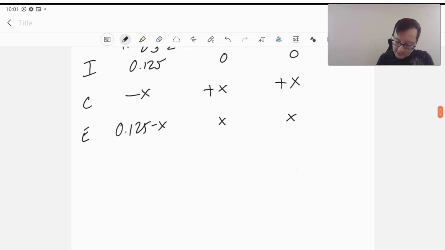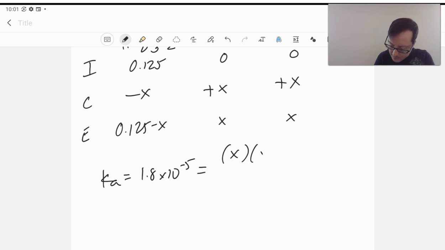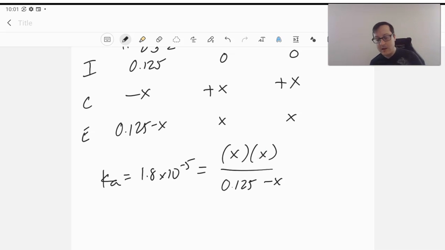And if we take a look at our Ka again, which was 1.8 times 10 to the negative 5, well, that's equal to x times x over 0.125 minus x. And a couple options here. Go into Wolfram Alpha, pop open your widget, and calculate it this way.